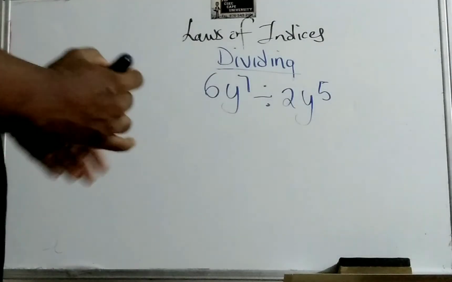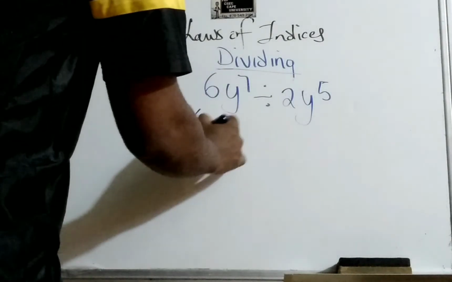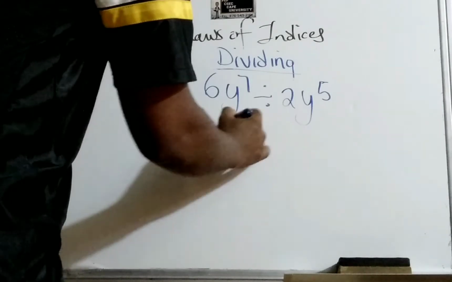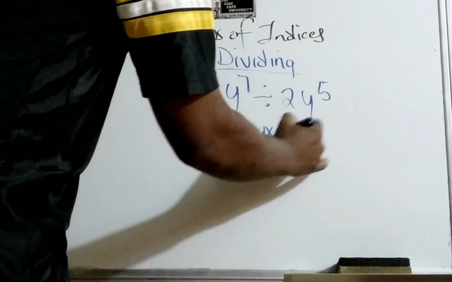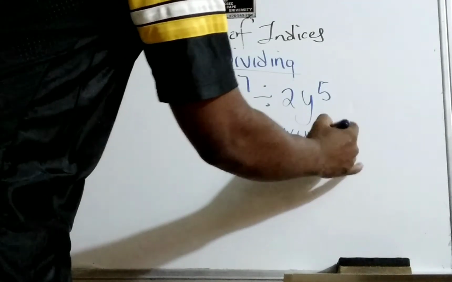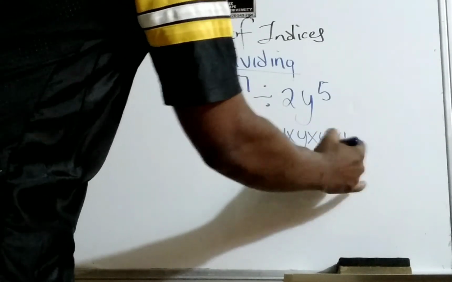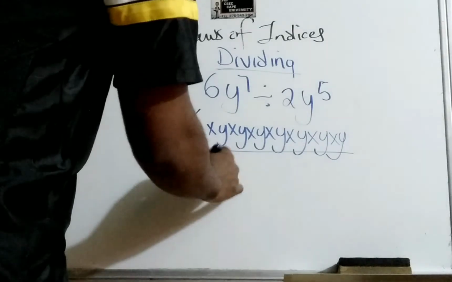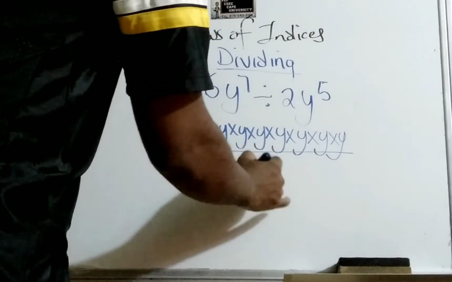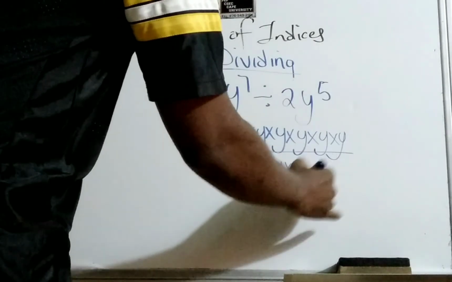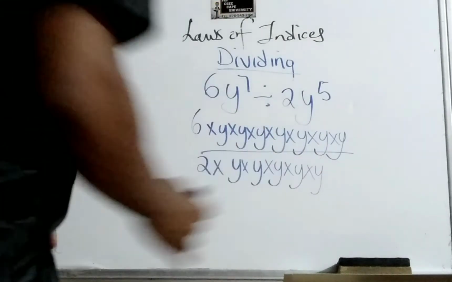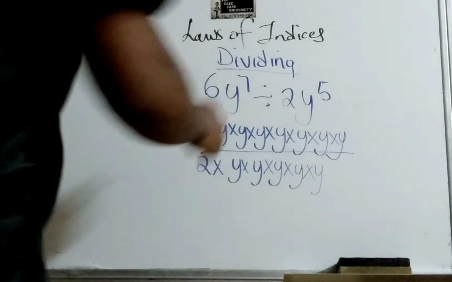Now, as we did before, we can simply do 6 times y 7 times, 1, 2, 3, 4, 5, 6, 7, divided by 2 times y 5 times, right? So we can see the pattern already.